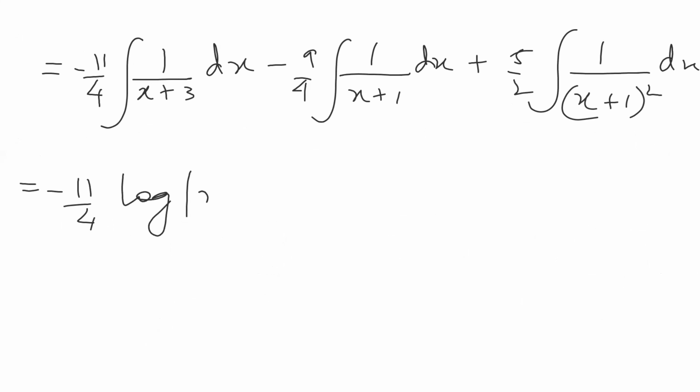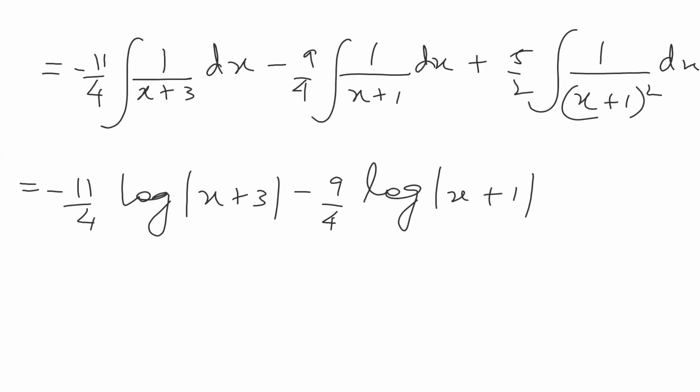So minus 11 by 4 log mod x plus 3 upon d by dx of x plus 3. d by dx of x plus 3 is 1. Minus 9 by 4 into log mod x plus 1 upon d by dx of x plus 1, which is 1, plus 5 by 2. Now here we cannot apply the 1 upon x formula, because x here is x plus 1 the whole square.